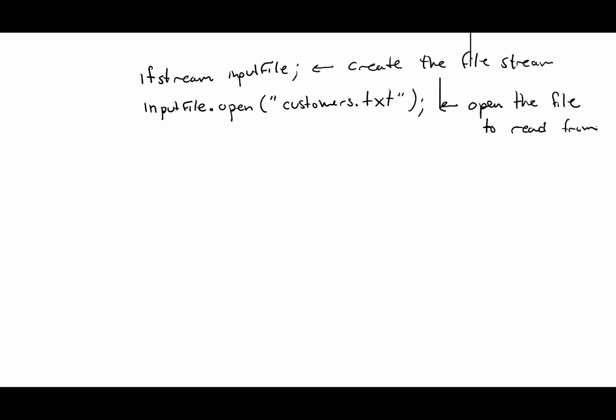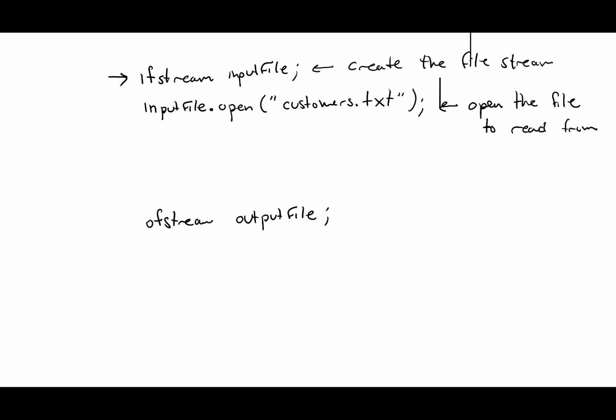And then if we want to output to a file, we need to define an ofstream object. So this is just ofstream, and then whatever we want to call this. So I'm just going to call this output file. And this is going to create the file stream, like what we did here.